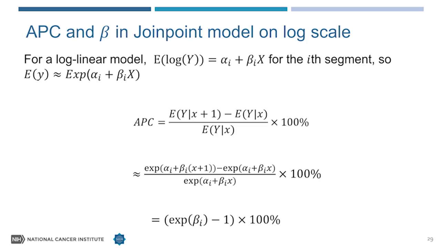APC is defined as the expected value of y given x plus 1 minus the expected value of y given x, divided by the expected value of y given x, times 100%, replacing the expected value of y given x by exponential of alpha i plus beta i x from the model. We can see that APC is approximately equal to exponential of beta i minus 1 times 100%.